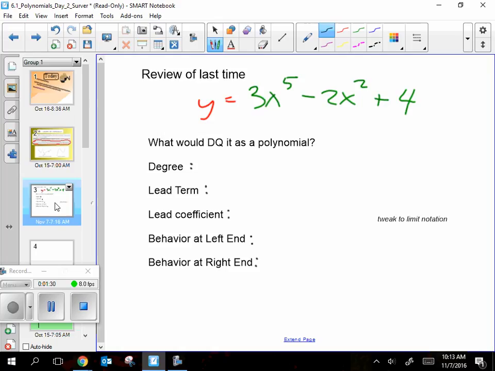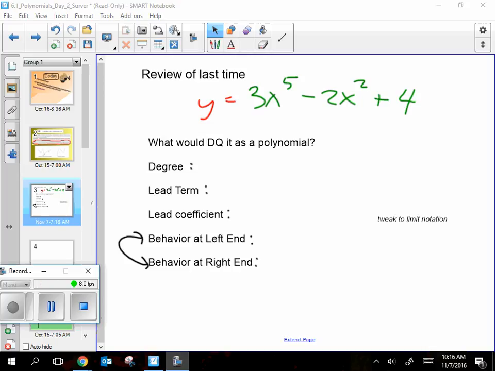And I actually strongly recommend that you reverse these two and do the behavior at the right end first, because that's the way you should do it. Because you can't really tell the left end until you do the right end. I'll pause while you try that one.